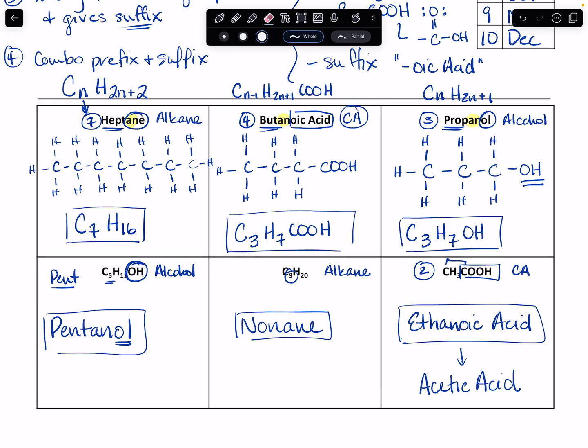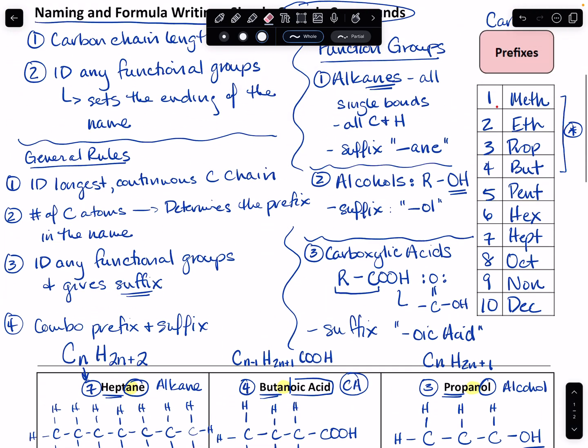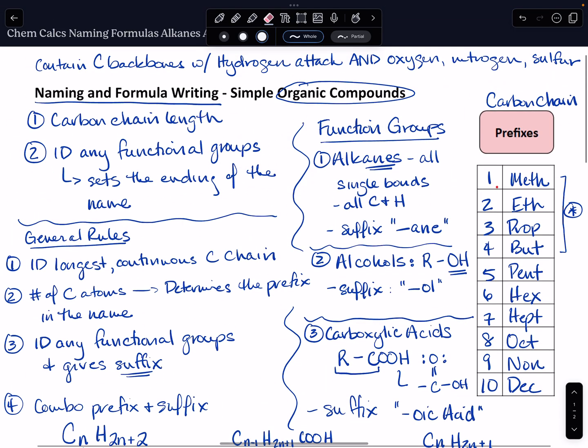All right. So again, if it's mostly carbons and hydrogens with maybe an oxygen, well, you probably won't see any nitrogens for our purposes or sulfurs, but they could be there. All right. Then we've got some sort of organic molecule. You need to ID the longest continuous carbon chain, and that's going to set your prefix. Our prefixes are meth, eth, prop, but, pent, hex, hept, oct, non, and dec.